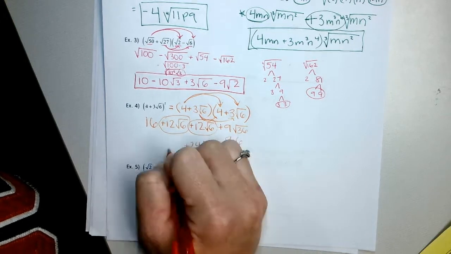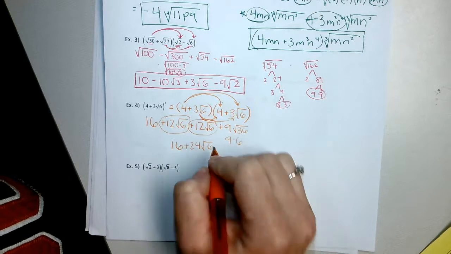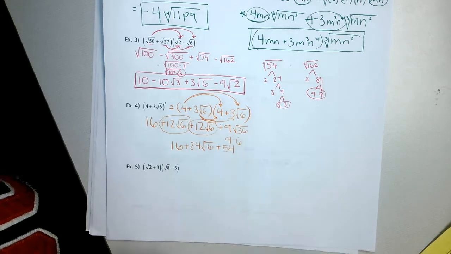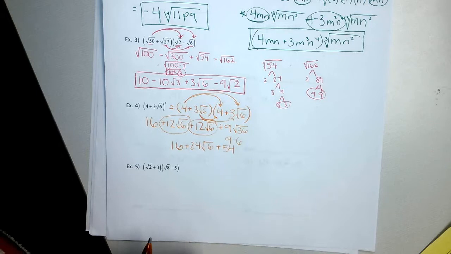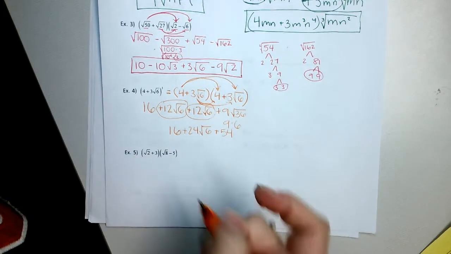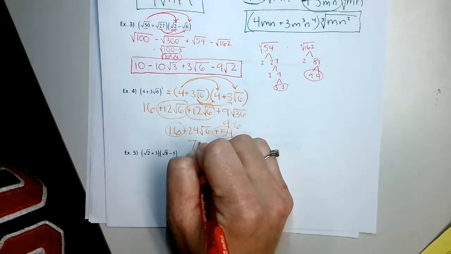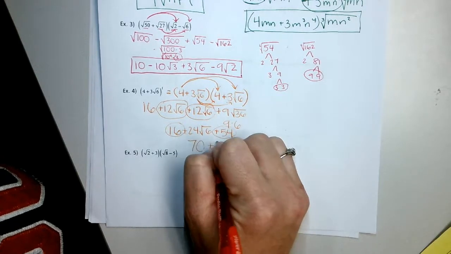So I still have this 16 in front. And what's 9 times 6? 54. Now what can I combine? Yeah, what's 16 plus 54? 70.